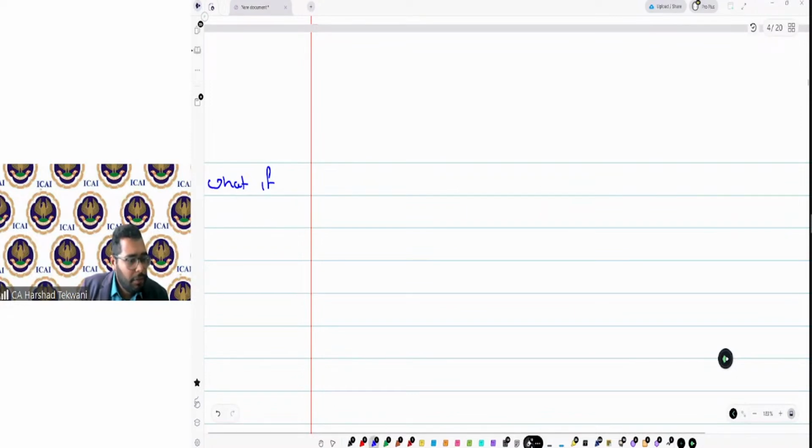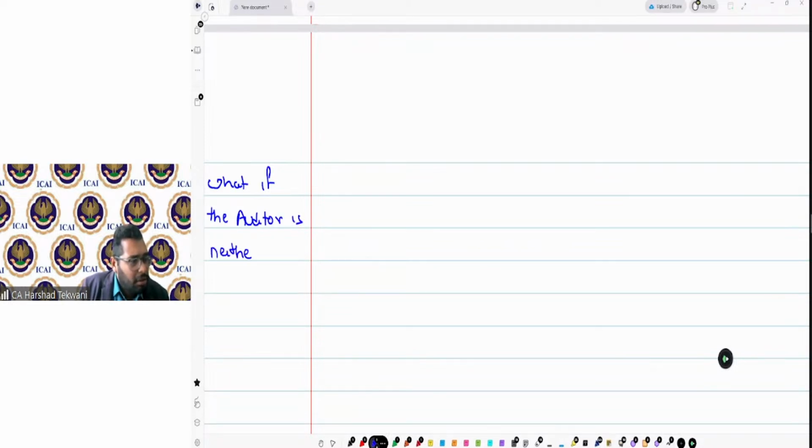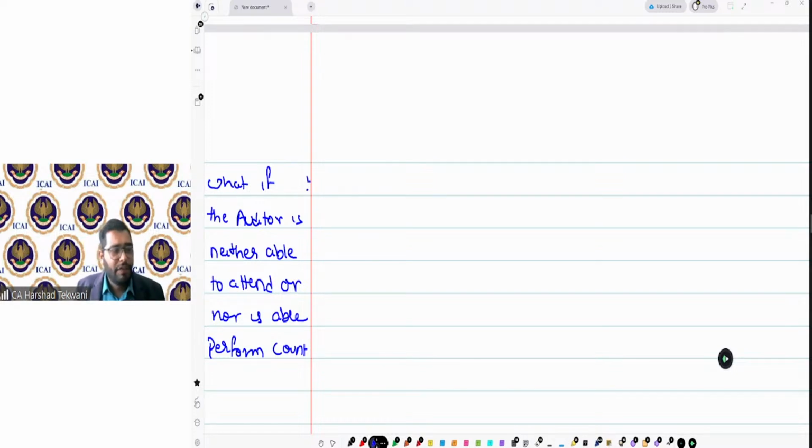What if the auditor is neither able to attend nor able to perform the count? In this scenario, what is required to be done? What should he do in this scenario?